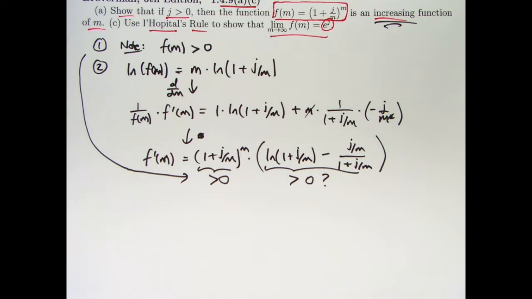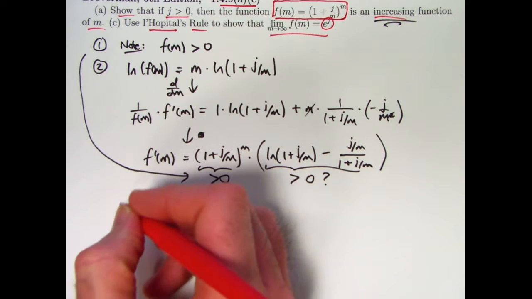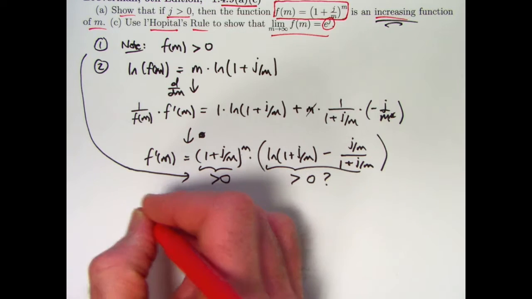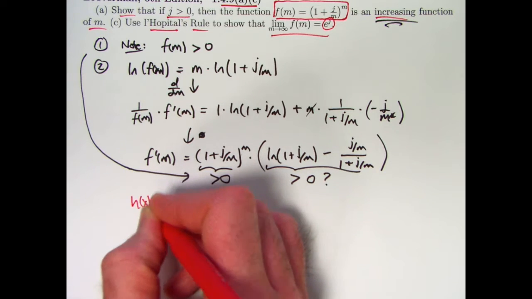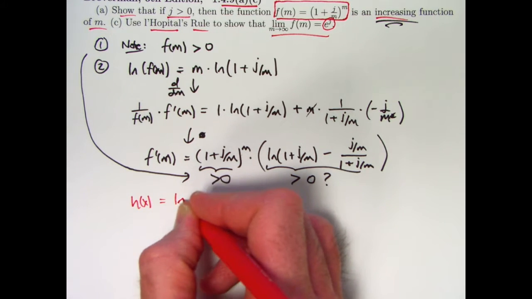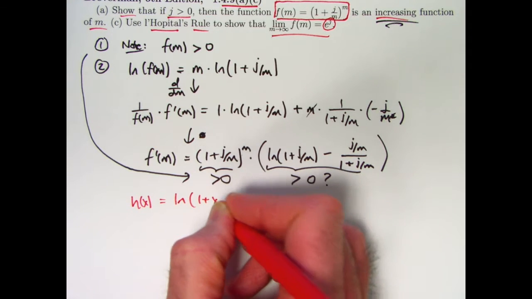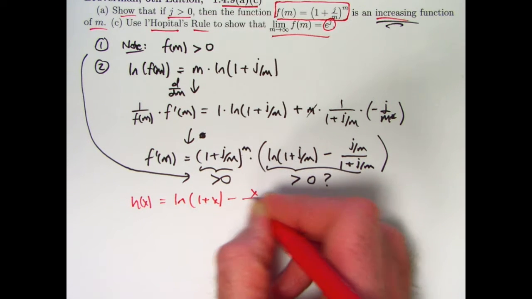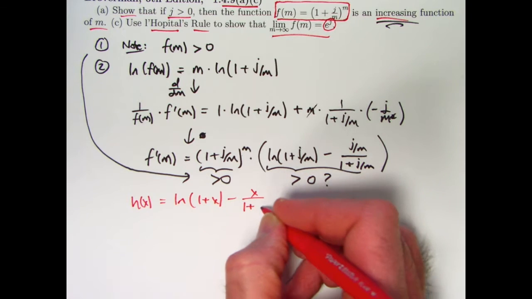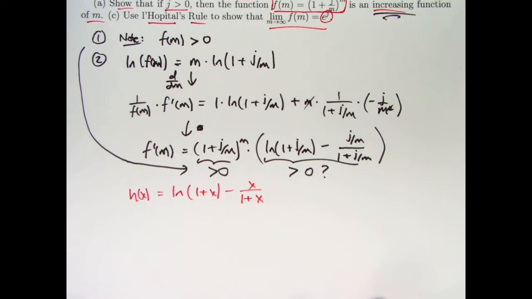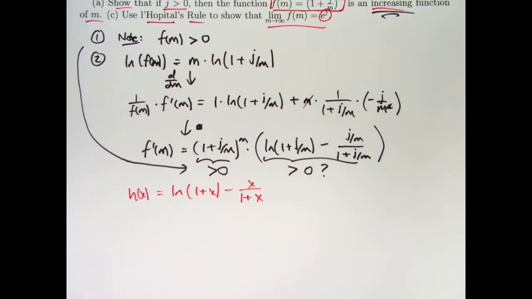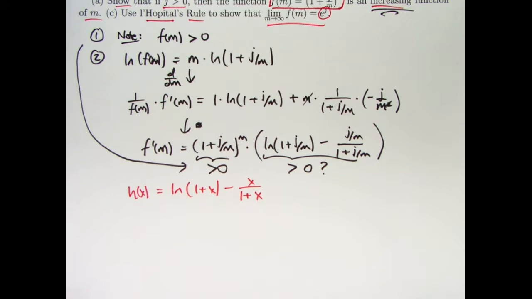Since m is occurring in the denominators here, it turns out to be helpful to give this function a name, let's call it h of x. Let's replace the j over m with x to make it simpler looking. I feel like I need to double check to make sure there are still no mistakes here. I think we're okay.